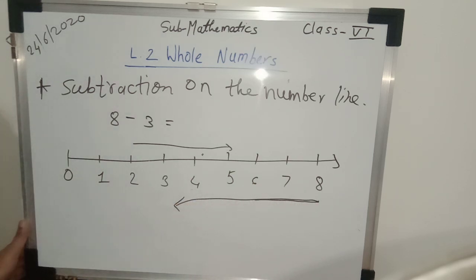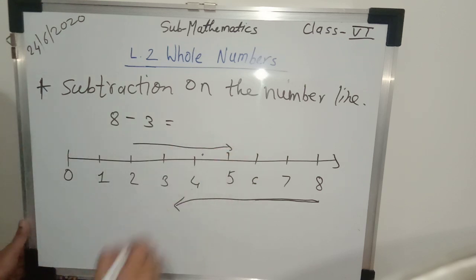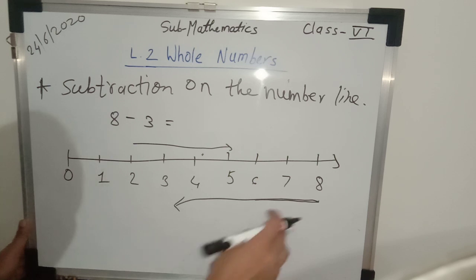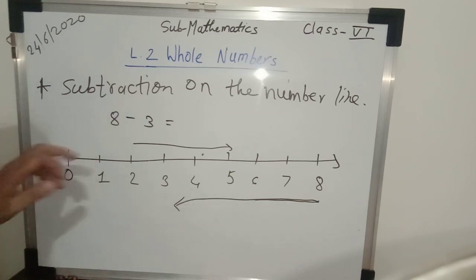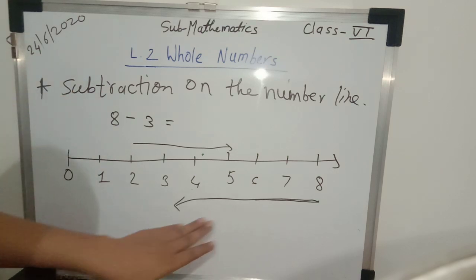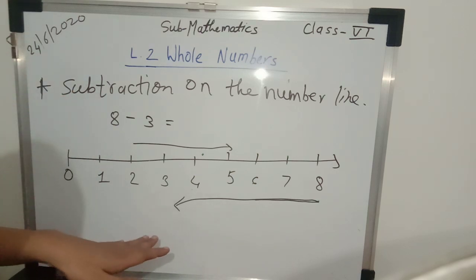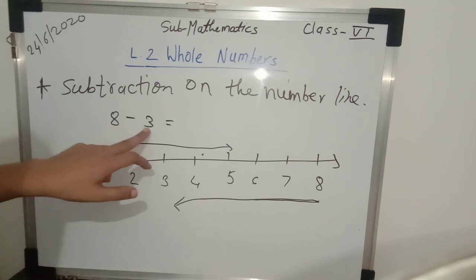Always remember, because when we move from left to right, the values are increasing, and when we move from right to left, the values are decreasing. Increasing means we add the number, and decreasing means we subtract the number. So here we have to minus 3 from the 8.